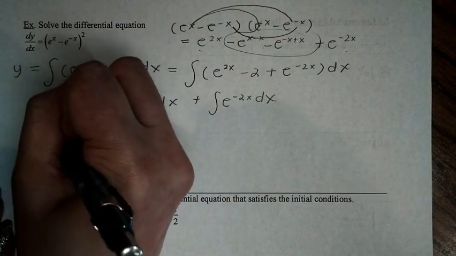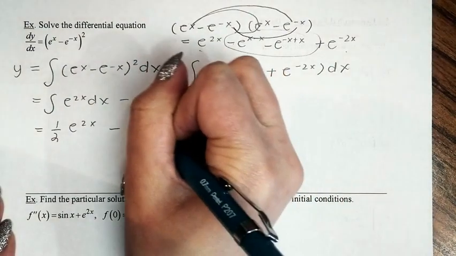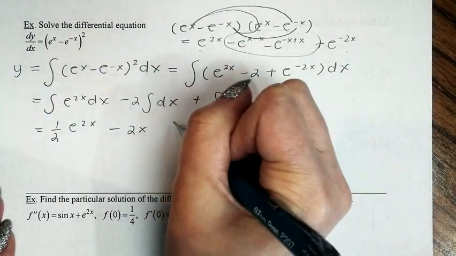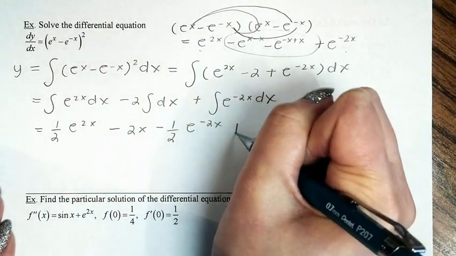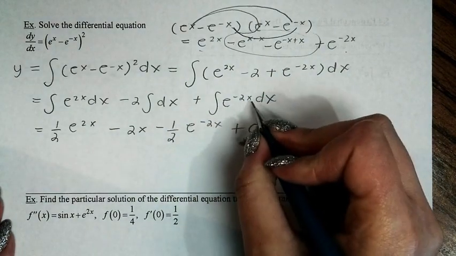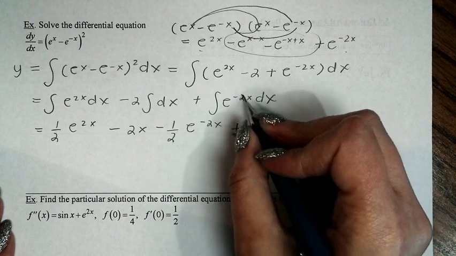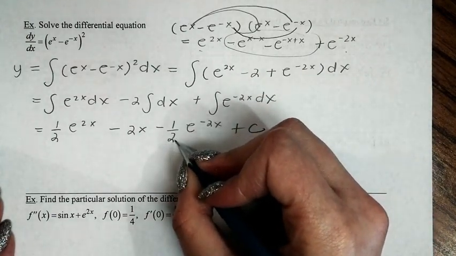But you know that it's going to be 1/2 e to the 2x minus the integral of negative 2 dx, which is negative 2x, and this integral is going to be negative 1/2 of e to the negative 2x plus c. You're going to tell me why it's negative: because your u here is negative 2x, so the derivative of that is negative 2 dx, and that's why we have the negative 1/2 here.